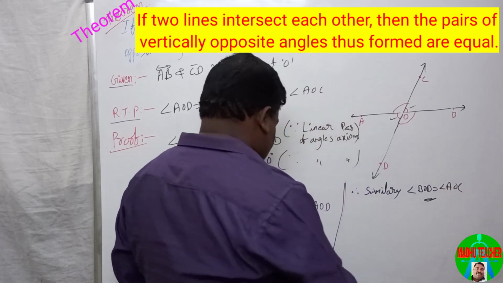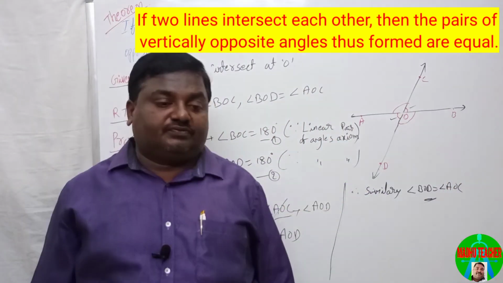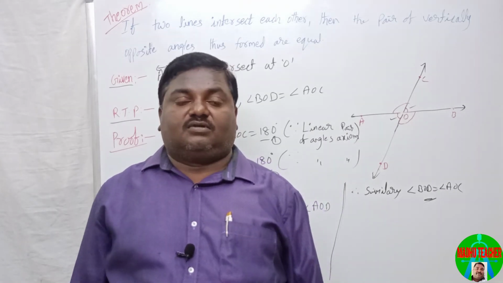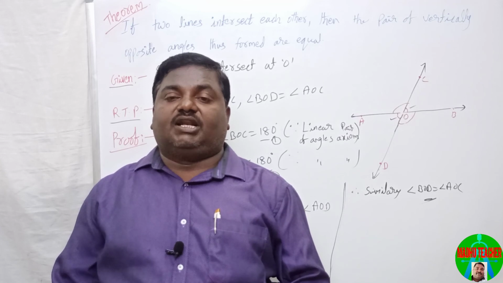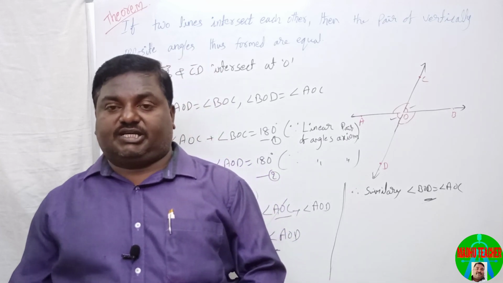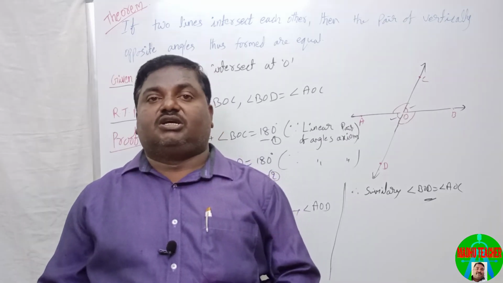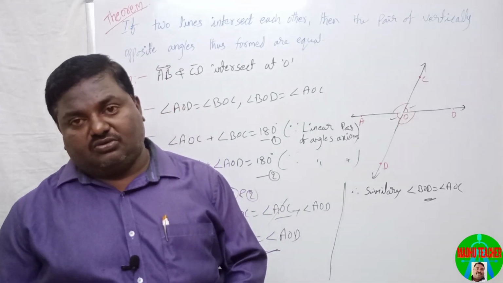This you have to do yourself. These are the pairs of angles. By using these definitions, we will do the problems in exercise 4.2 in the next video. Thank you one and all.